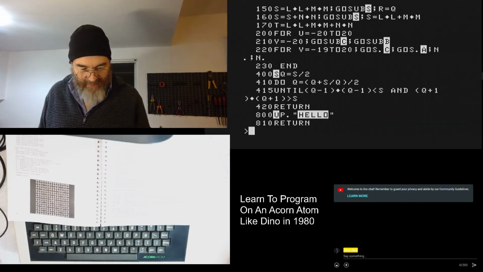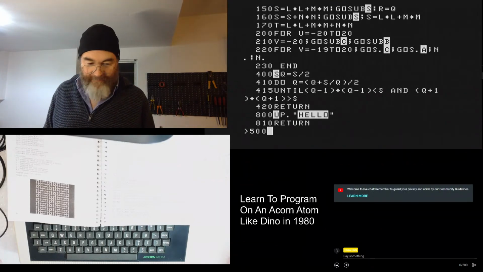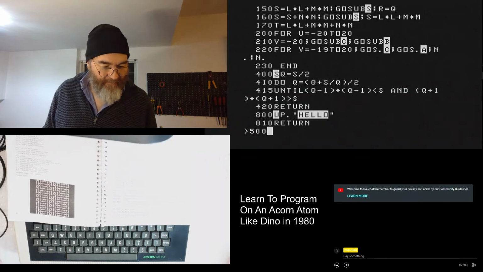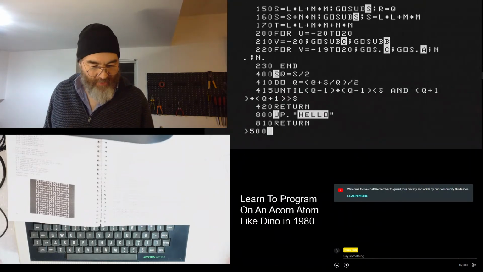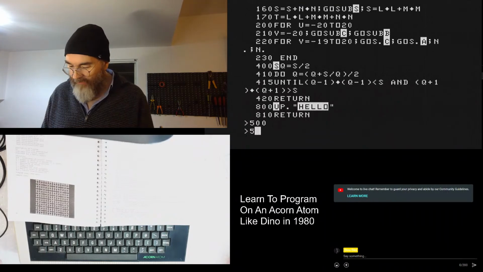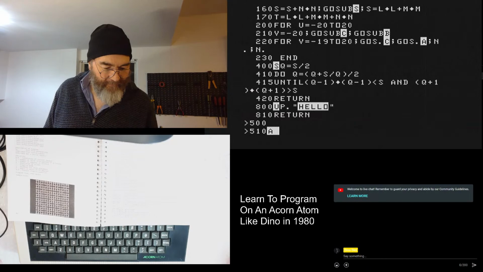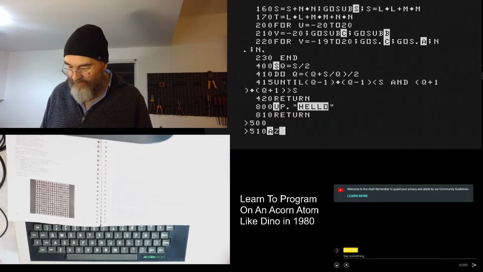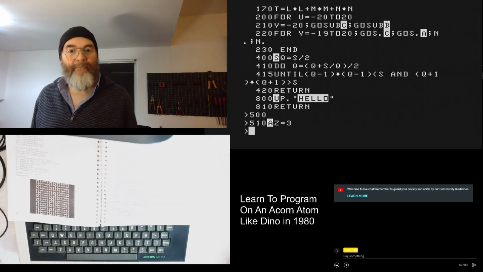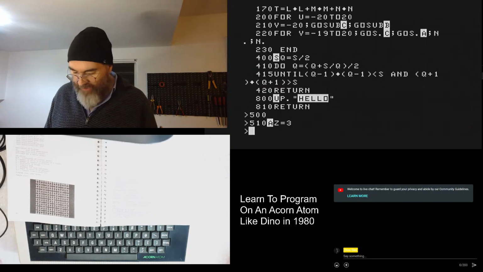So let's do this. 500 is a REM, draw to, right, I don't need that. 510, we put the label A, Z equals 3.